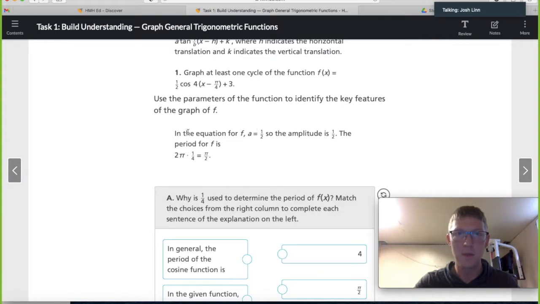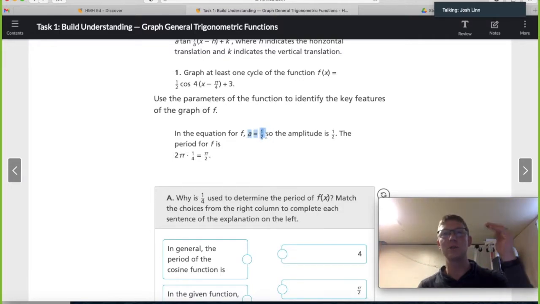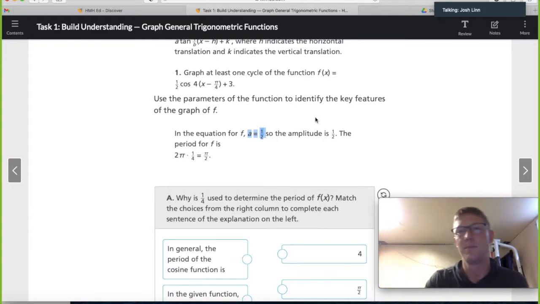In the equation for f, a is our amplitude, which is 1/2. So the full amplitude is 1/2. That's a vertical compression. And the period is 2 pi times 1/4, which equals 2 pi. We got that because our b here equals 1/4.